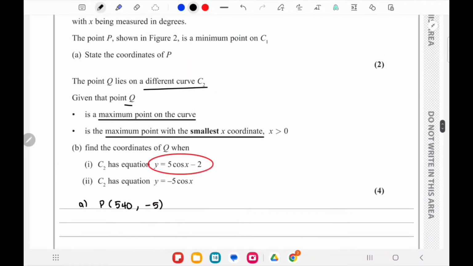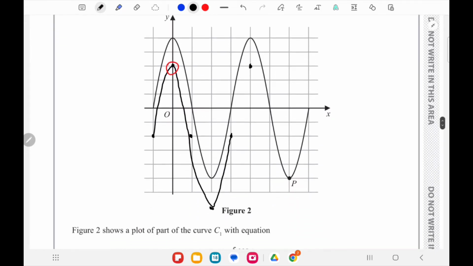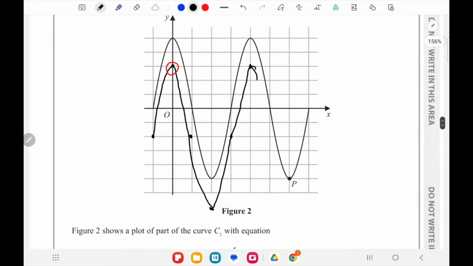And we need to find the smallest coordinate with x greater than 0. So we cannot take this point. This point is 0, so we cannot take this. So we'll have to take this point. This is the point we want.